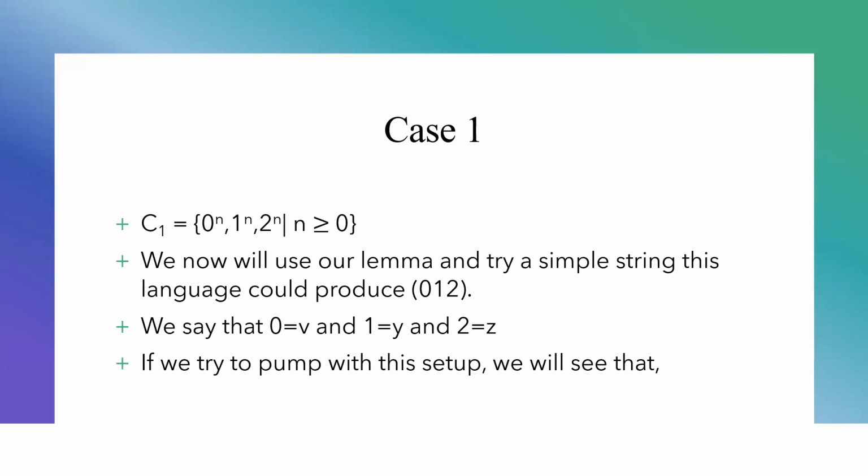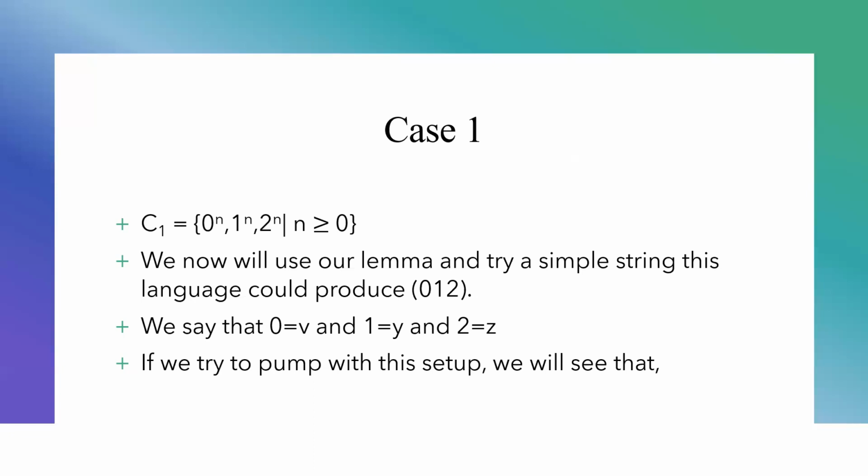Now we'll try to use the pumping lemma on a simple acceptable string that this language would produce. A super simple one would be 0, 1, 2, because it's got the same number of zeros, ones, and twos.